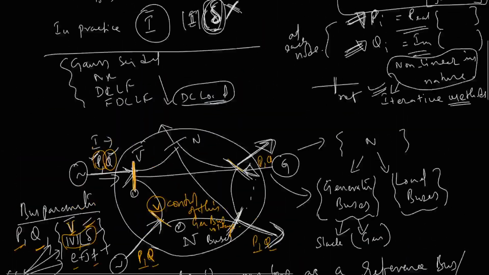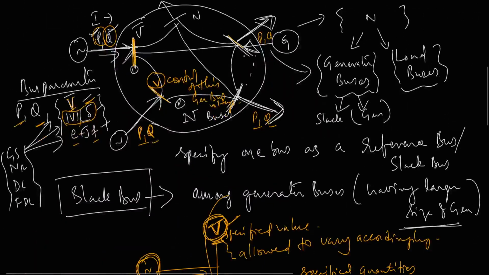What I have done here, I have shown the network, number of buses, n buses. They can be broadly divided into generator buses and load buses. And for conducting the load flow studies, we need to define one as a reference bus, which is known as the slack bus, where this slack bus is generally taken as one among the generator buses with the highest generator capacity.